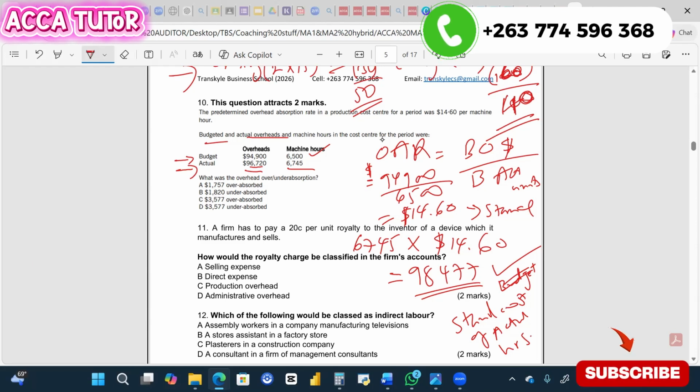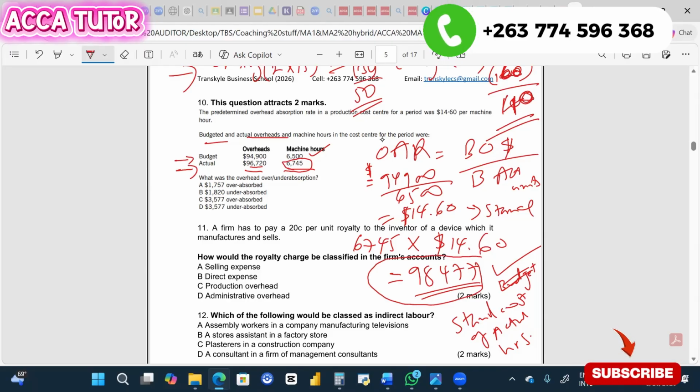The cost which were absorbed, or which were considered in terms of our budgeting, were 98,477, which means if we worked 6,745 hours, we are supposed to incur cost of 98,477.